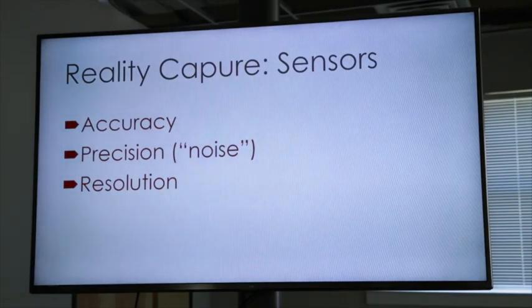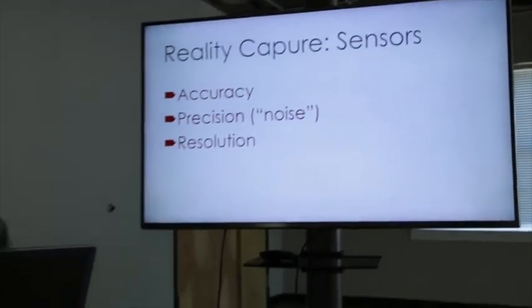No matter which approach you're using for reality capture, you've got three different criteria to keep in mind. You've got accuracy, you've got precision, you've got resolution. Accuracy is the ultimate: how close am I to where it really is. Precision is basically repeatability, but more commonly in 3D capture, what precision really reflects is noise.